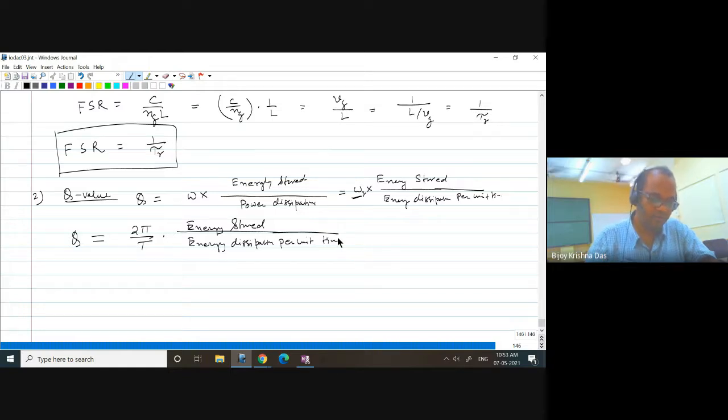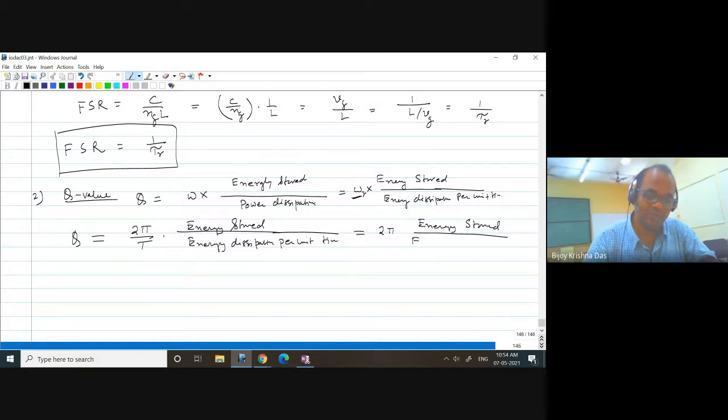Now, energy dissipation per unit time. If I just write 2 pi times energy stored divided by energy dissipation, you see this is per unit time. If I multiply by T, what will you get?